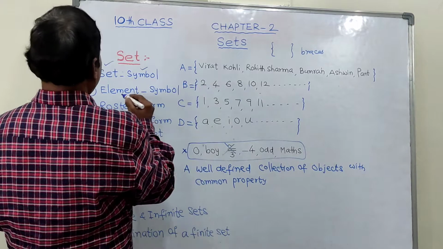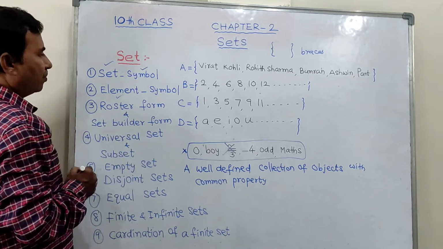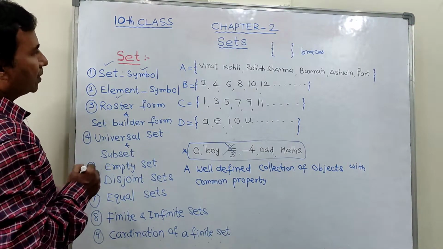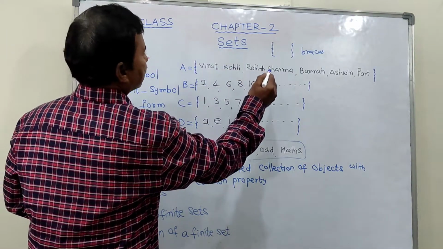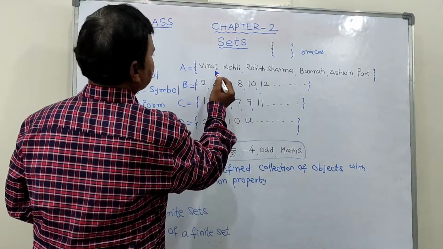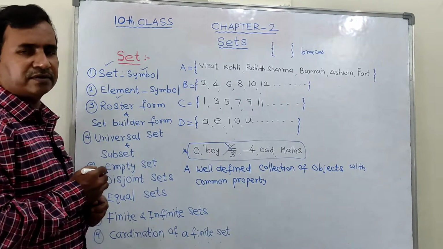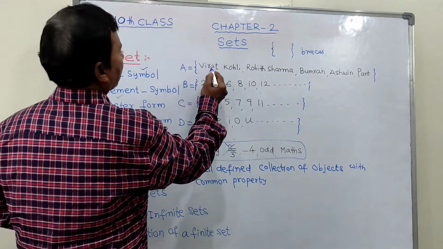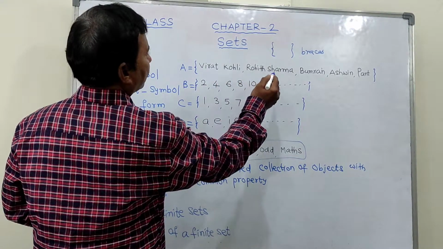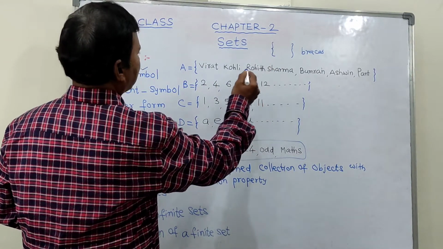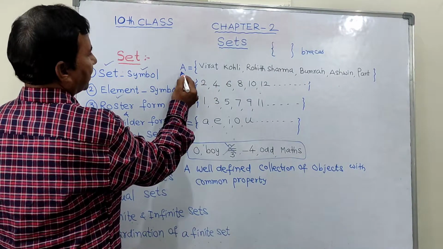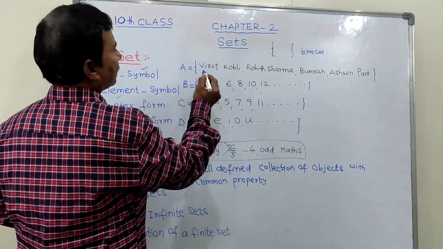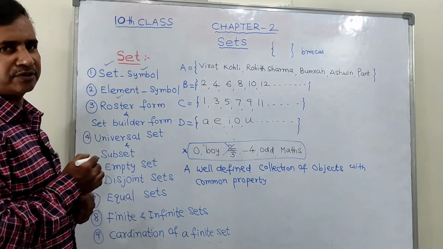And coming to the second one, element. Element means the numbers or the objects that are inside the set are called elements. If you see here, Virat Kohli, Rohit Sharma, Bumrah, Ashwin, Pant, these all are inside this set A. So each one we will call an element.